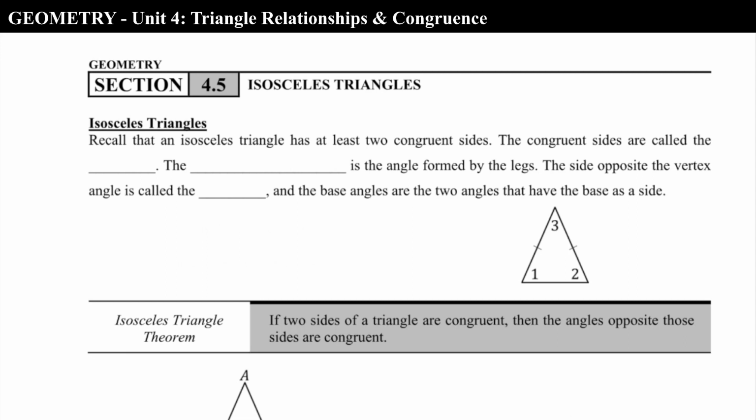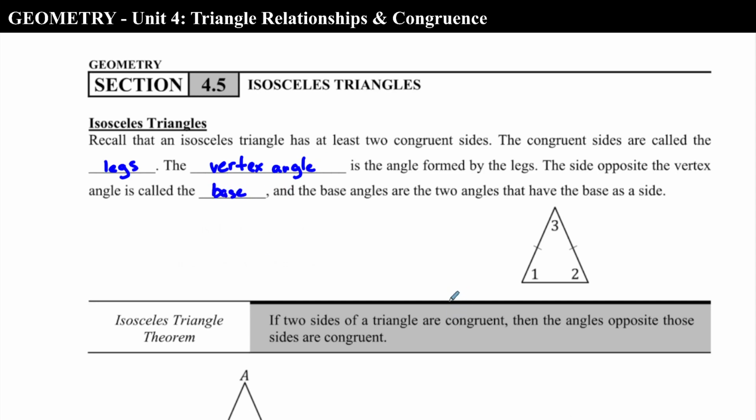So remember, an isosceles triangle has at least two congruent sides. The congruent sides are called the legs. Now, the vertex angle is the angle that is formed by the legs. The side opposite the vertex angle is called the base.